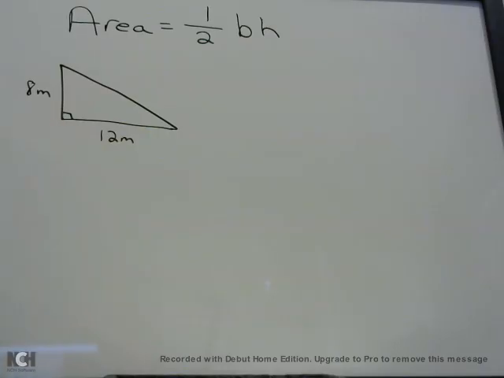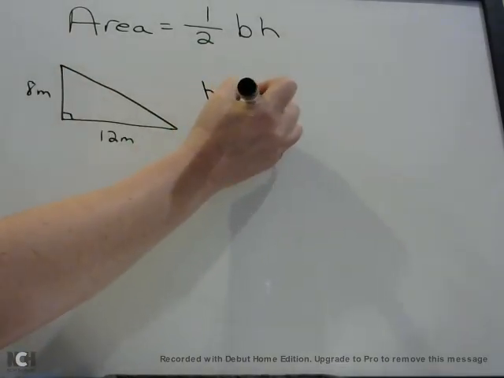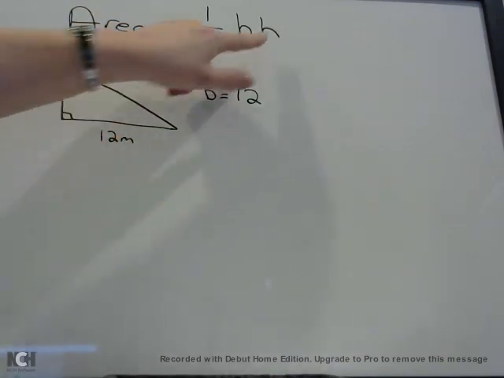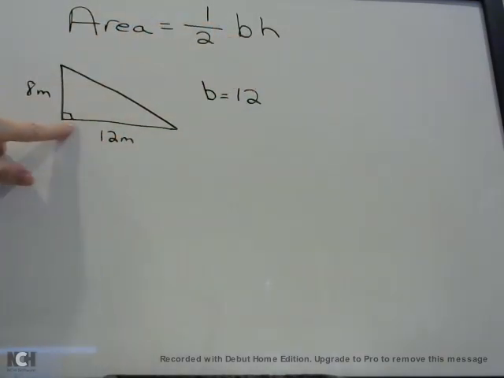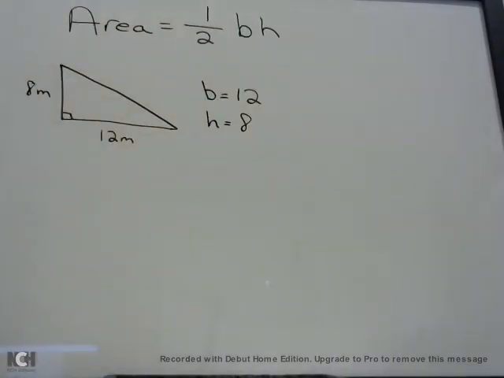And so if we want to find the area of this triangle, we can pick, for example, this can be the base. So our b in the formula, base is 12, and the height has to be perpendicular to our base. Well, this just so happens to be perpendicular in a right triangle, so this can be our height. So our height is going to be 8.